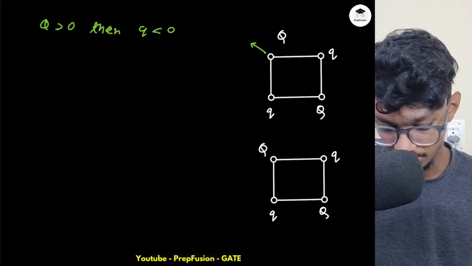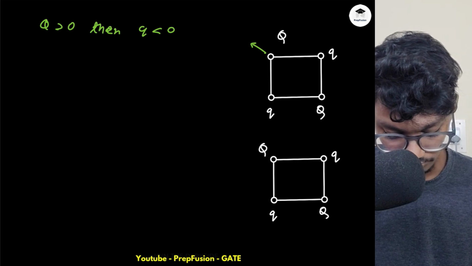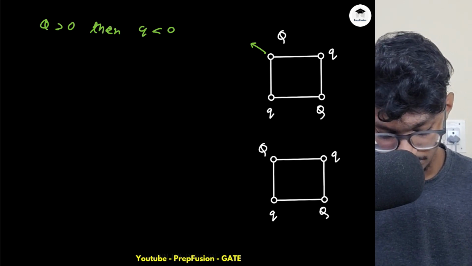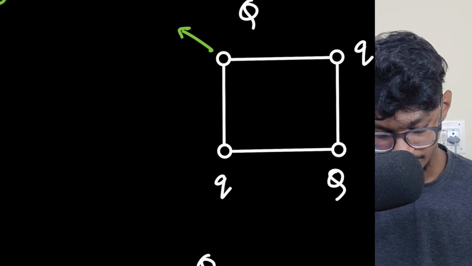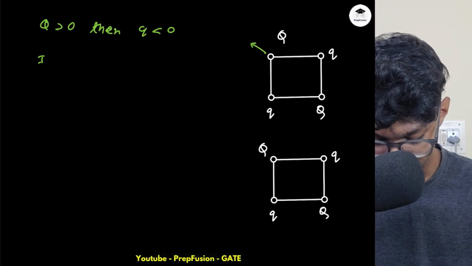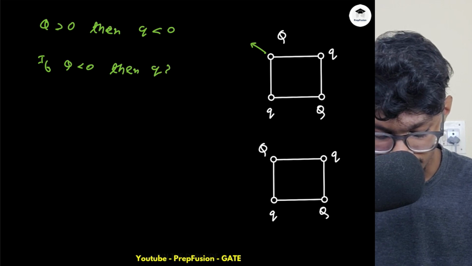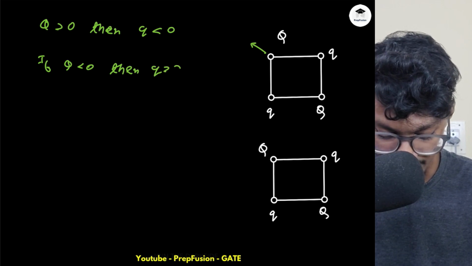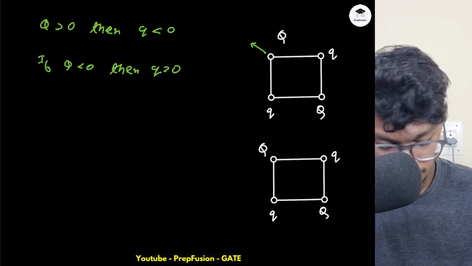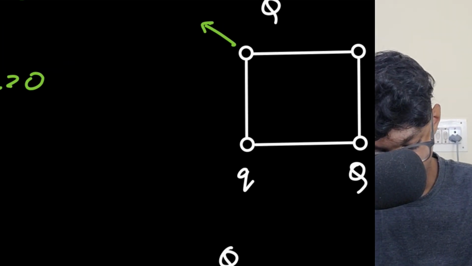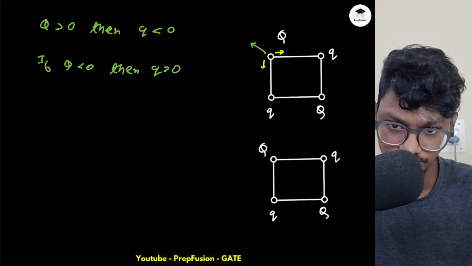If Q is less than 0, then small q has to be greater than 0. Basically there needs to be an attractive force. That's it. So that is the thing we have identified to make it 0.